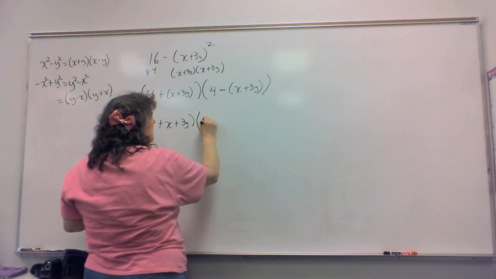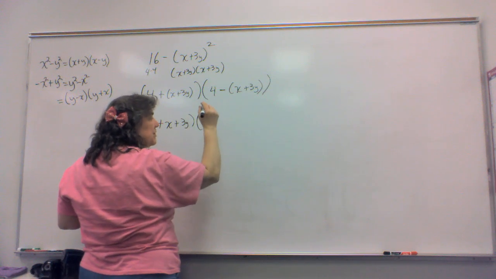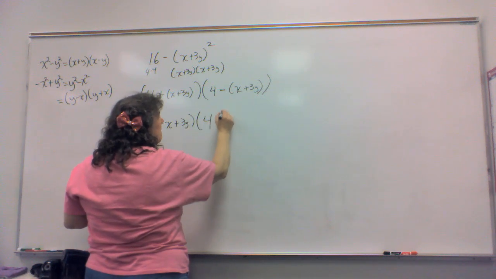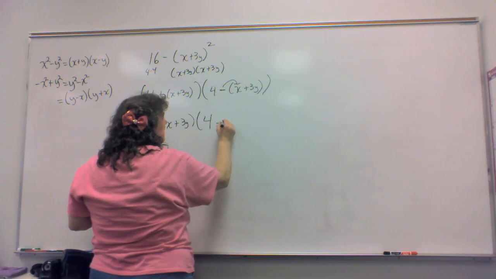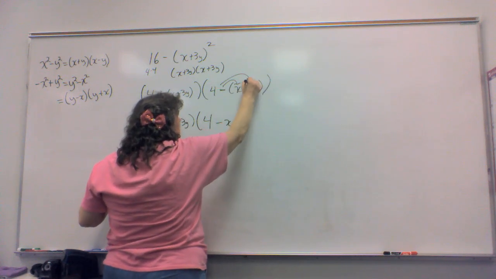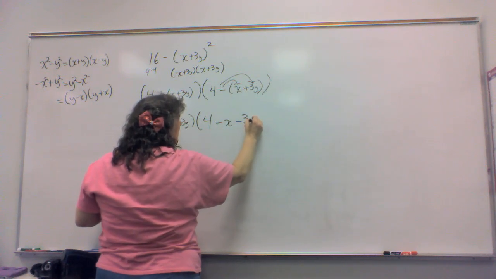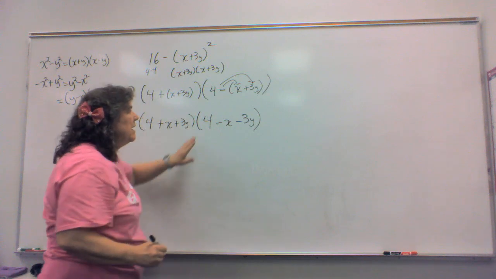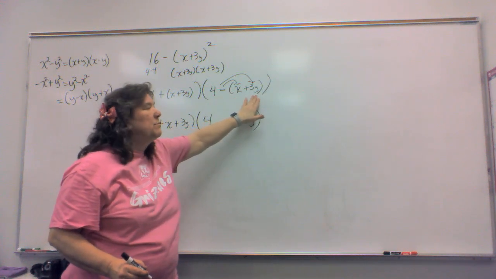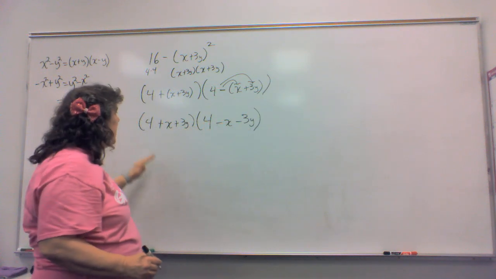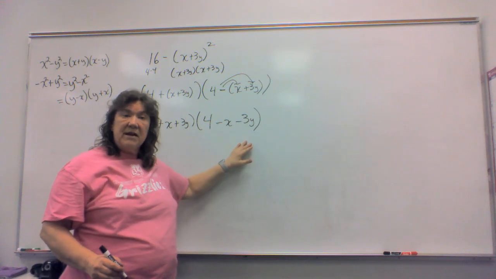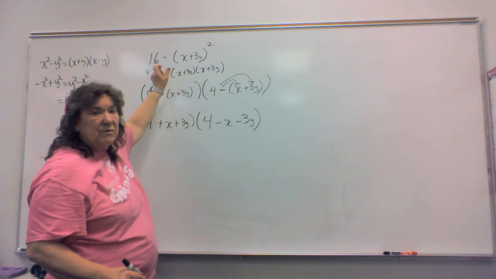This one is going to simplify to 4 minus x, and then minus 3y, because I have to distribute that minus to both things inside the parentheses. And this is the factoring of this expression right here.